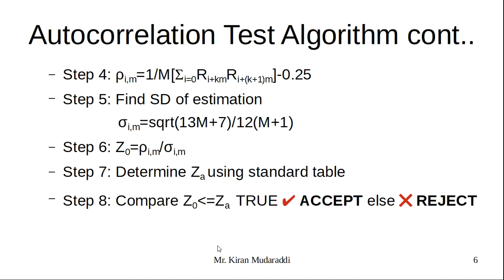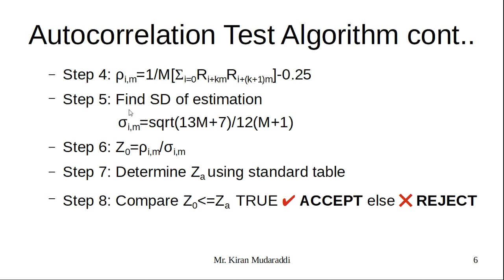Let us move ahead with step 4. Step 4 is the formula to calculate rho of im, which is equal to 1 divided by (M plus 1), into the summation over k from 0 to M of r of (i plus km) into r of (i plus (k plus 1)m), minus 0.25.